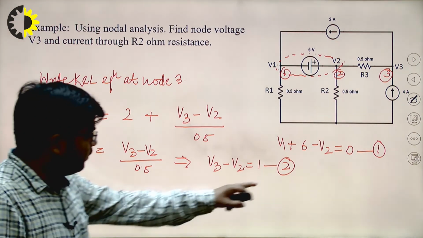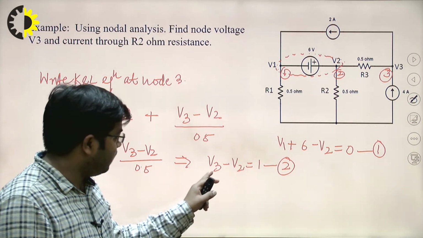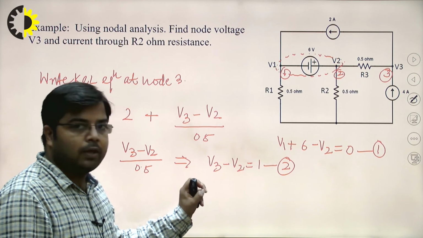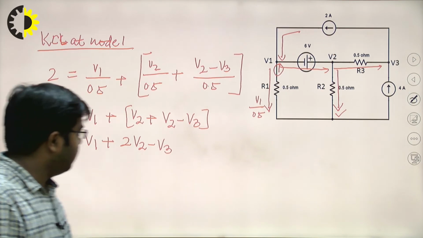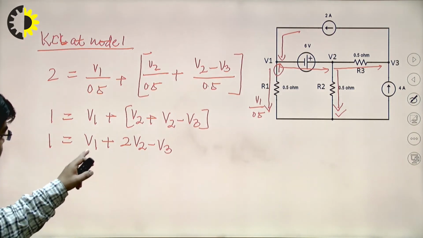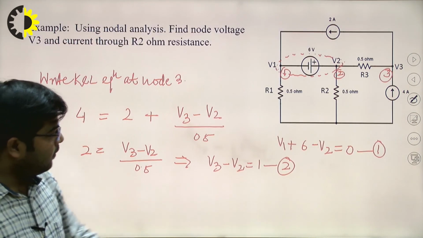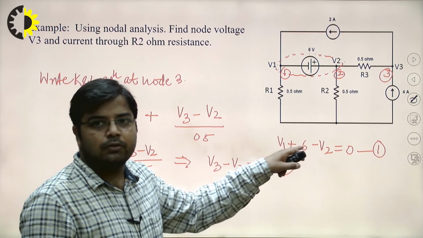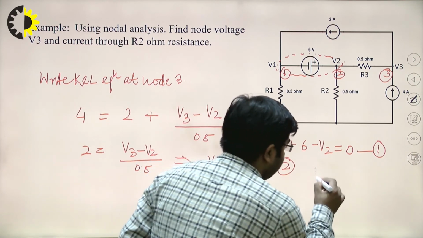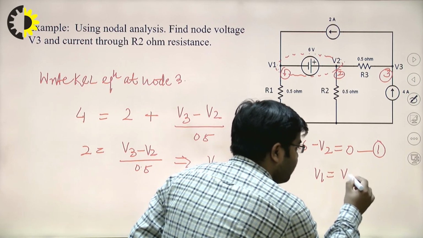Just see, in equation number 2 there are two variables, V3 and V2. So you can replace V1 using equation 1. At the place of V1, you can write V2 minus 6.